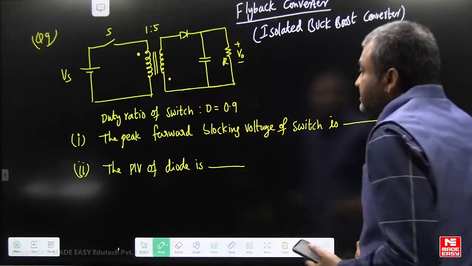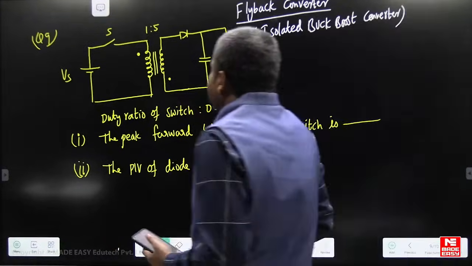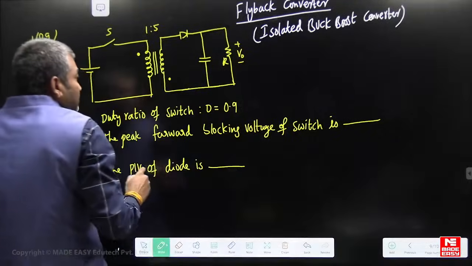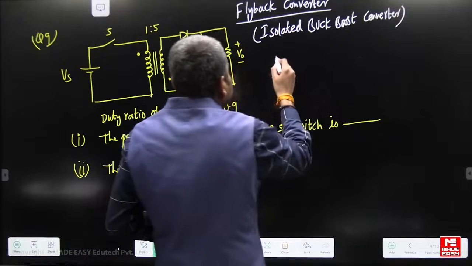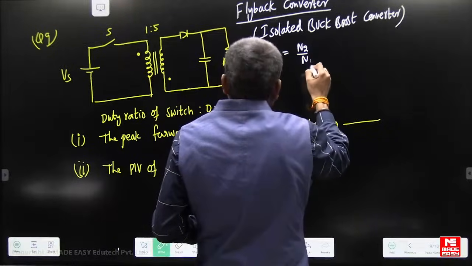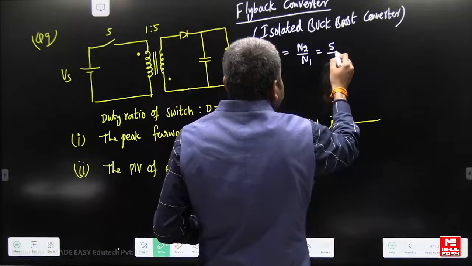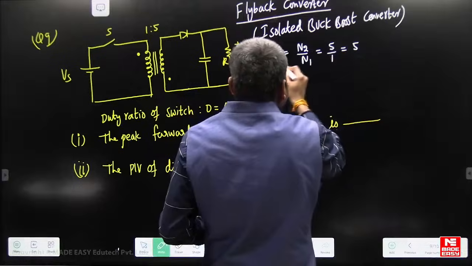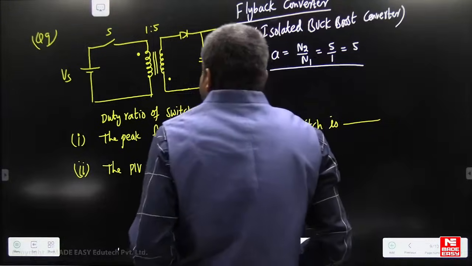See here, a is equal to N2 by N1. So a value is 5. Fine.